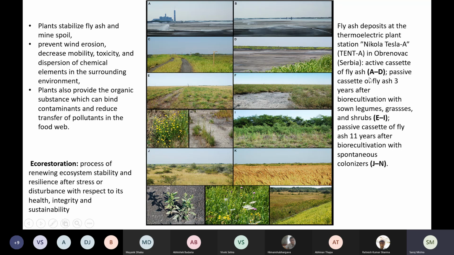Active cassette of fly ash. Okay, so whatever you see here, for example in pictures A, B, these are all fly ash deposits which are running in between these plants, and large areas have fly ash deposits. And this is the power plant.